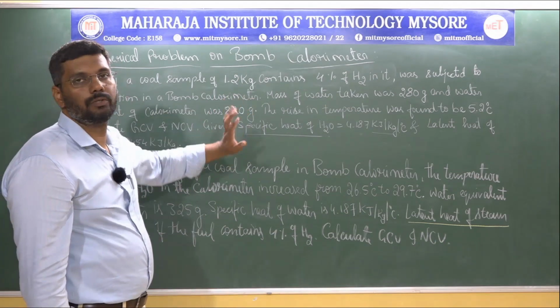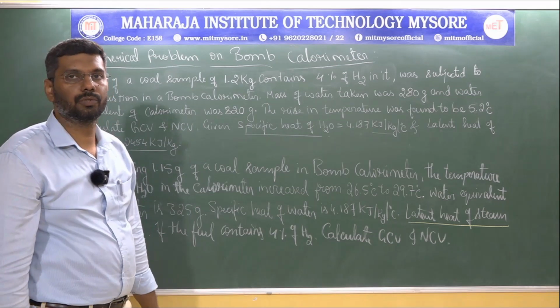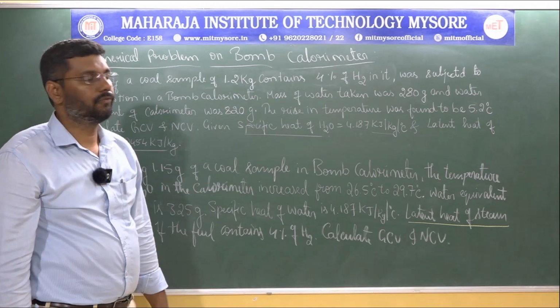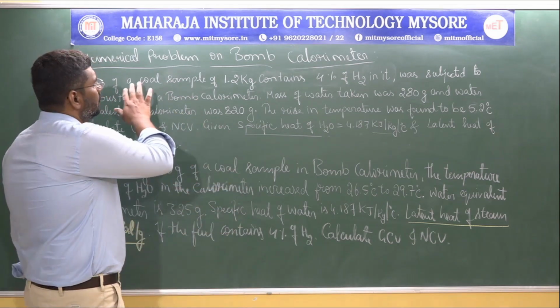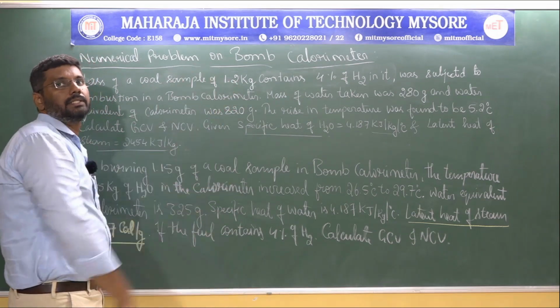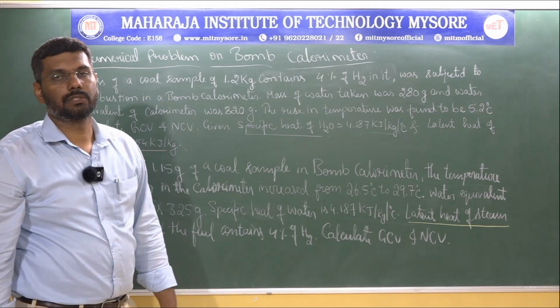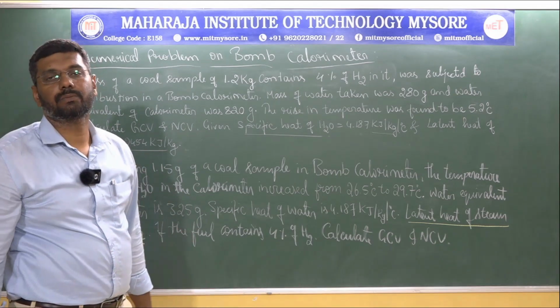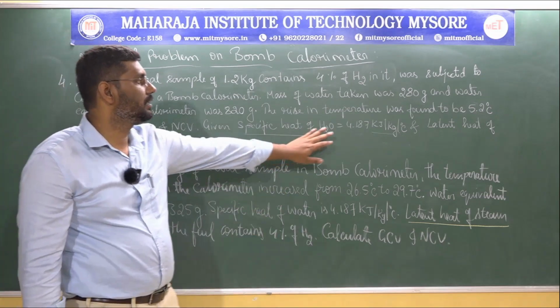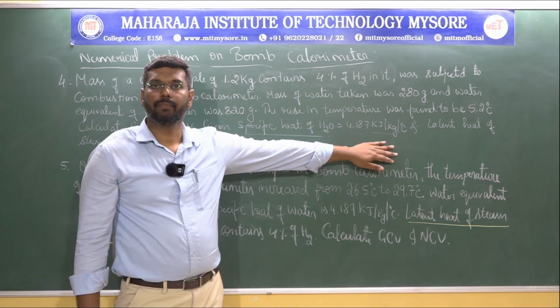So this is one of the numerical problems which has been given to you to work out by yourself. If you look at this data, you can see the mass of the fuel sample is directly given in kilograms, so there is no need to convert it to grams because the specific heat is already in kilojoules per kg.